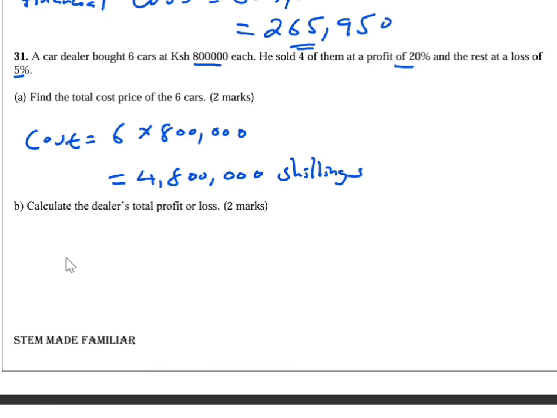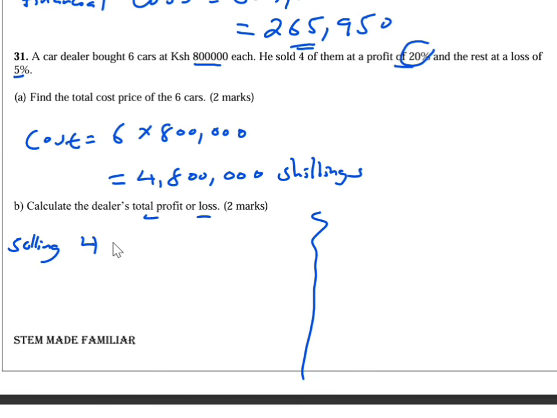Part B, calculate the dealer's total profit or loss. Taka tujue kama alipata profit ama alipata loss. So tuanze hapa. He sold 4 of them at a profit of 20%. Kama ni profit, remember we add to 100, so inakuwa 120. Na kama ni loss, we subtract, 100 minus 5, inakuwa 95. So tuanze na for the four. So selling four cars, alipata pesa ngapi?